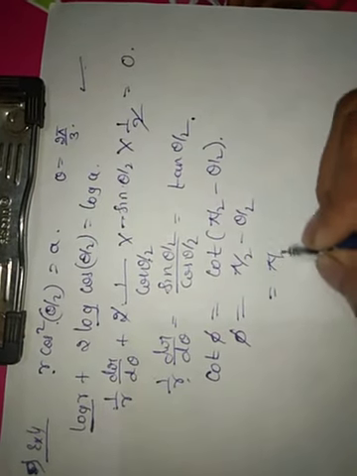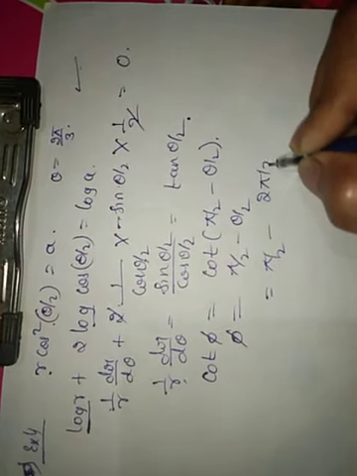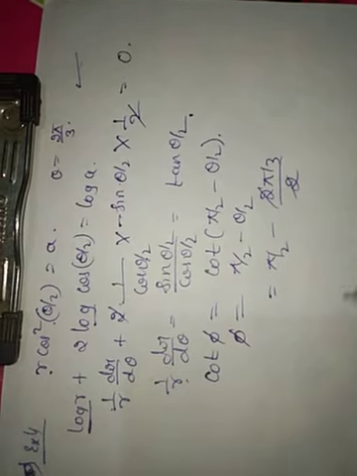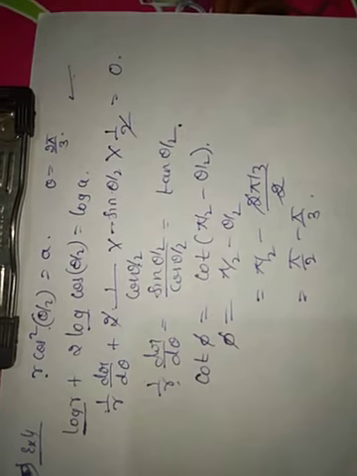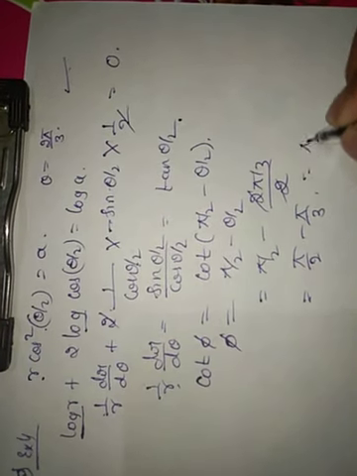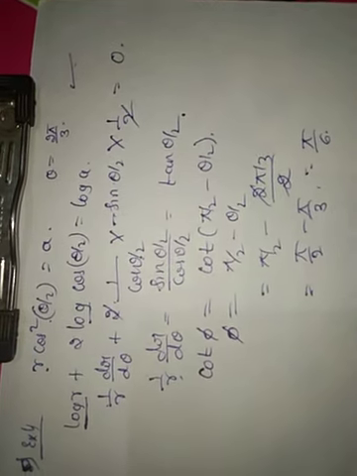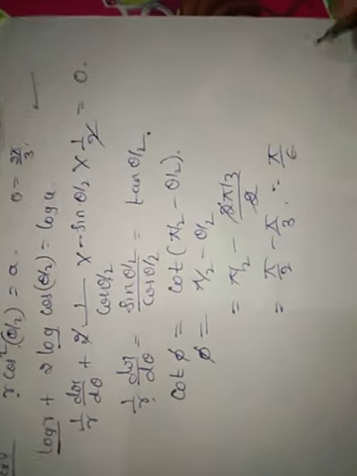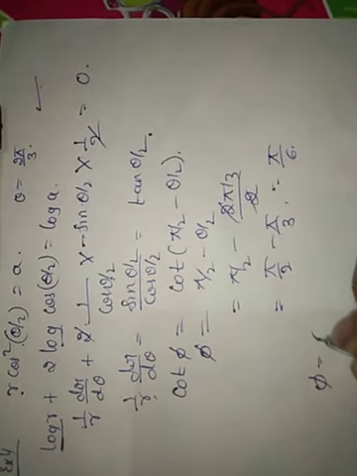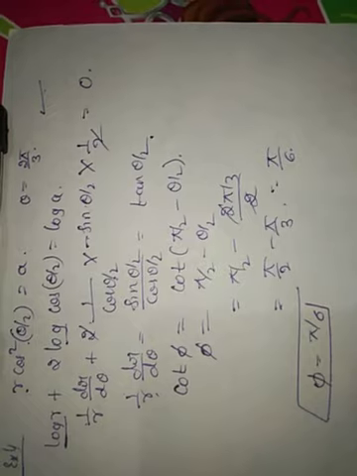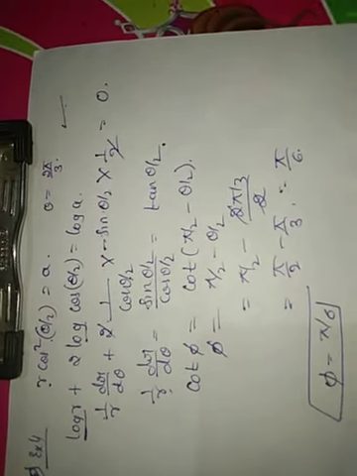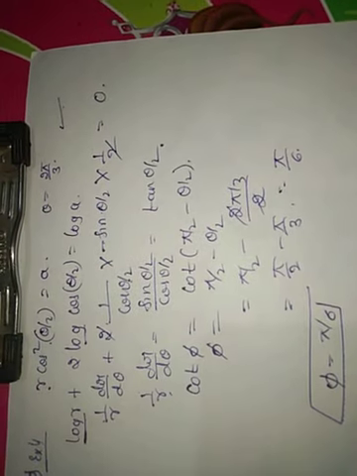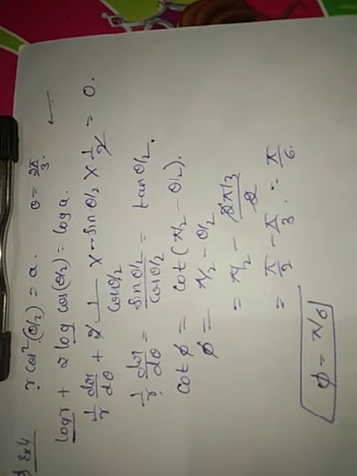The angle theta is mentioned as 2 pi by 3 here. So replace the theta: 2 pi by 3 whole divided by 2. 2 gets cancelled. Pi by 2 minus pi by 3. Take the LCM and simplify. We get pi by 6, that is 30 degrees. Therefore phi equal to pi by 6 is the angle between the radius vector and tangent for the given curve at theta equal to 2 pi by 3.